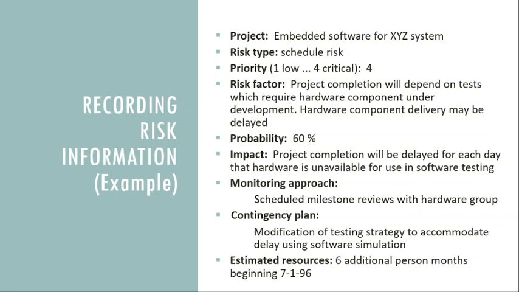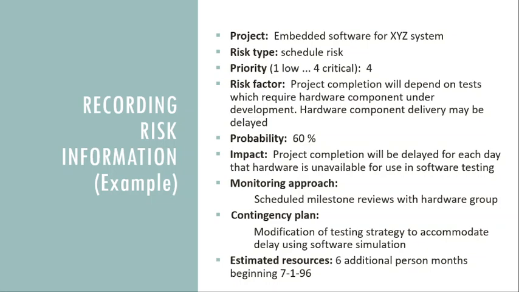In this example we have identified the factors that may cause this risk type, a schedule risk, because of the hardware component under development and the hardware component delivery may be delayed. And the probability of this schedule risk is 60%, which we have predicted and identified, because only from the known and predictable ones.